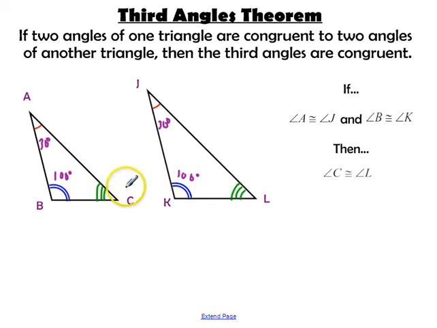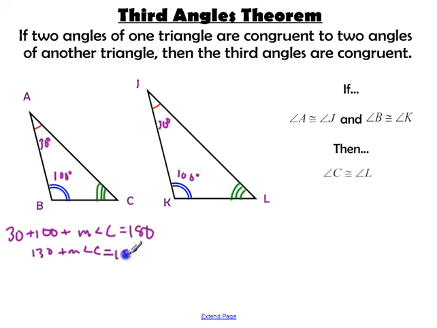Now, I want to solve for the measure of angle C and the measure of angle L separately. So in this triangle, we have 30 plus 100 plus the measure of angle C equals 180. So then we have 130 plus the measure of angle C equals 180. So then when we subtract 130 from both sides, we get the measure of angle C equals 50 degrees.